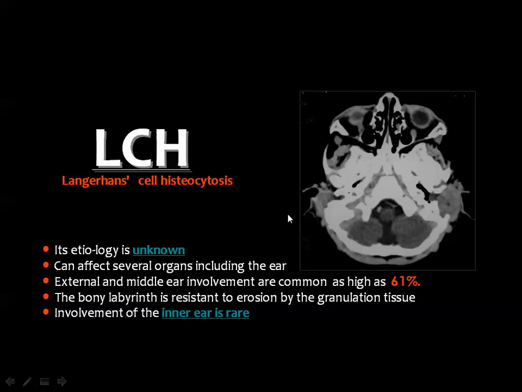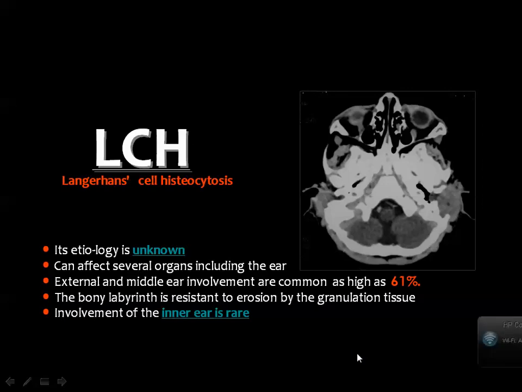And the etiology of histiocytosis is unknown. There is infiltration of the soft tissues by histiocytes, and the involvement of the external and middle ear is common, but the involvement of the inner ear is rare.